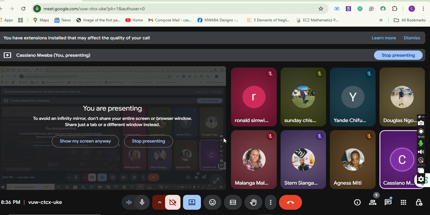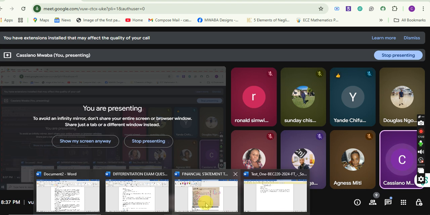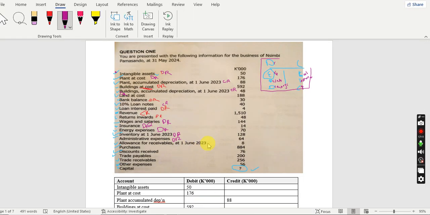You have to be realistic with yourself, and according to the prudence concept of accounts, you might lose out on some money. So an allowance for receivables is an estimation of the money you might not get from your trade receivables. This allowance is deducted from our trade receivables, so it's a contra asset, so you credit.